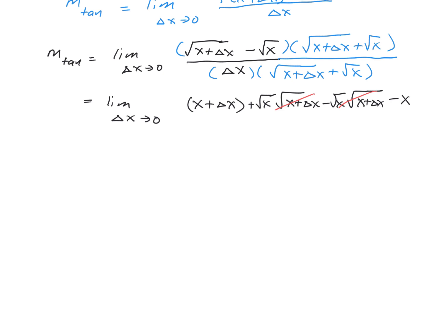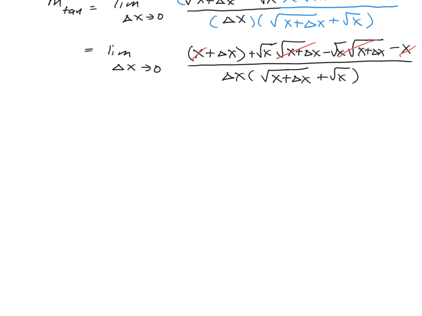And for our denominator, we're just going to have the product delta x times the sum square root of x plus delta x plus square root x. All right, further simplification, we'll notice we could cancel out our x's in our numerator as well, leaving us with just a delta x.